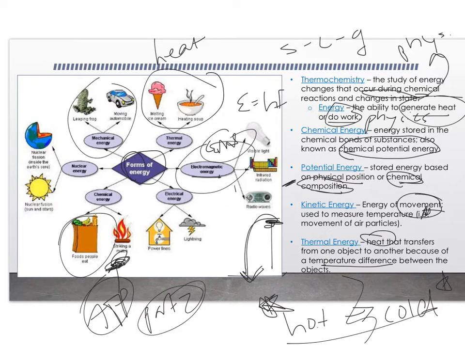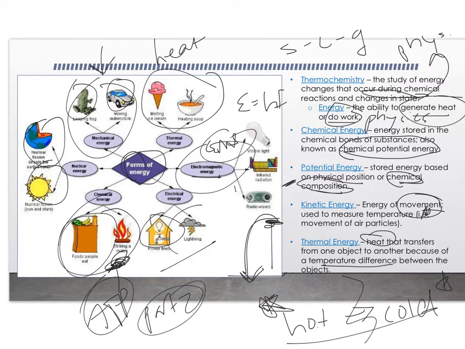You also have mechanical energy, and that's being able to move different types of objects, either based on your own mechanics or based on the mechanics of, let's say, an automobile. You do have nuclear energy. We talked about fission and fusion. That does release some sort of energy. Chemical energy is within the bonds. And then obviously we have electrical energy because that's how we have light through the power lines, or even lightning has a potential amount of energy.